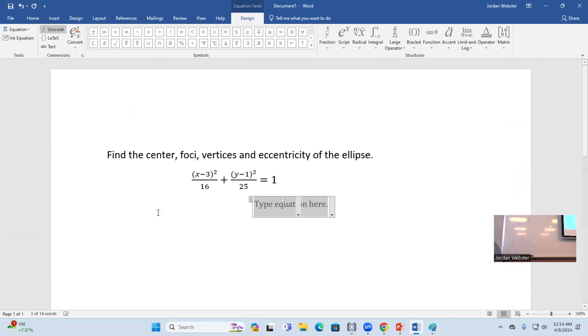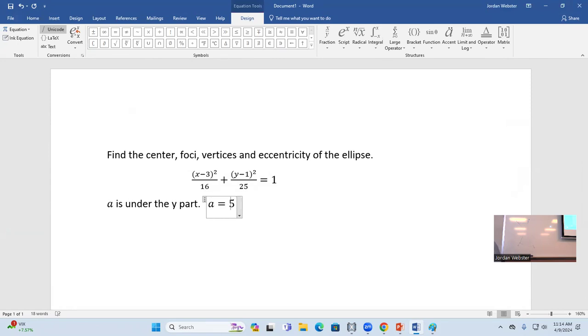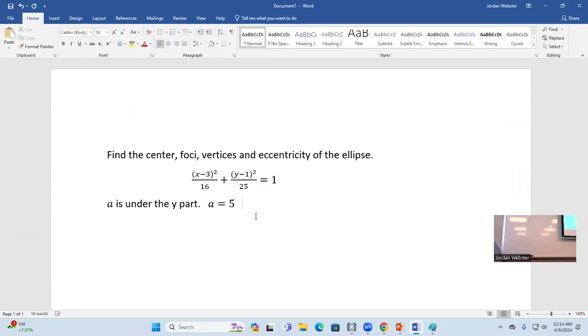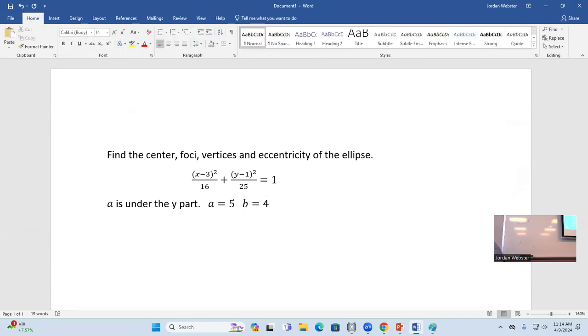So the a squared is under the Y part because that's bigger, right? 25 is bigger than 16. A is 5. B is 4. Just the positive square root of 25 and the positive square root of 16.